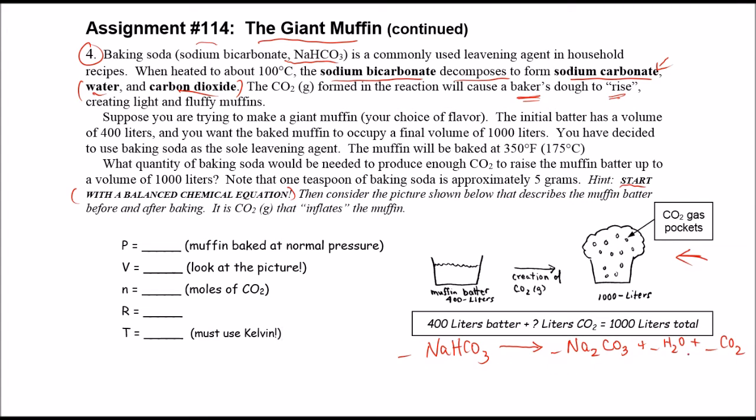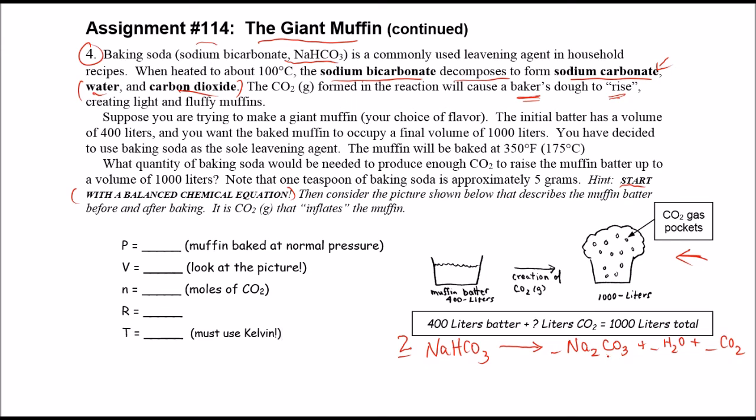So it's tricky because oxygens are all over the place. But sodium is not. Sodium is just here and here. So 2 sodiums need to be balanced with a coefficient of 2. Let's hope everything else balances. 2 sodiums. 2 hydrogens. I see 2 hydrogens in the H2O. 2 carbons.